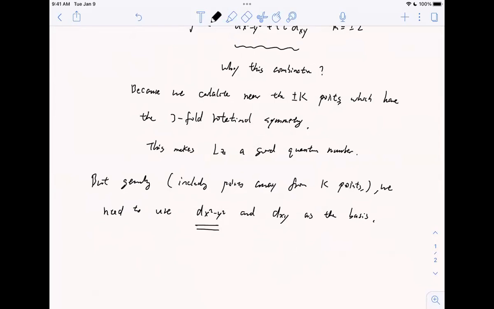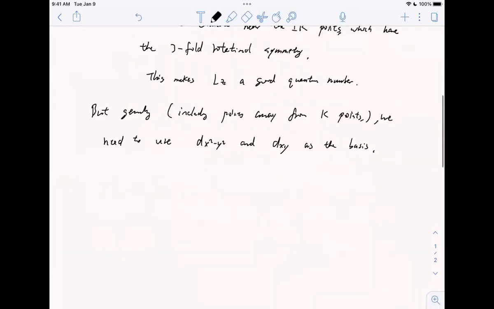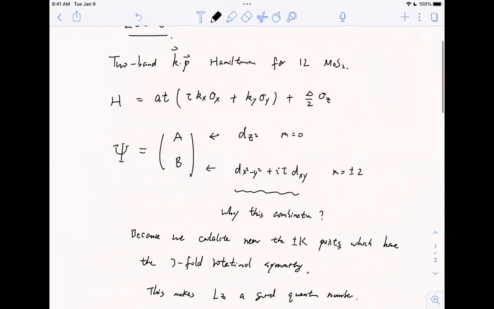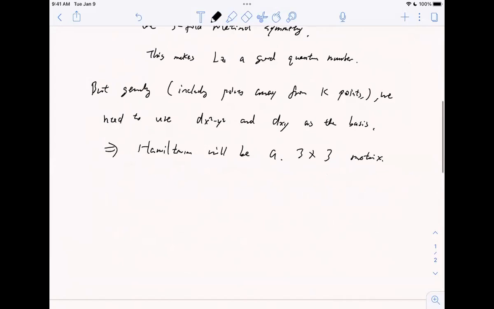Okay. So the Hamiltonian will be a 3x3 matrix. So this 2x2 matrix is only good near the K point. When you're away from the K point, then you use a Hamiltonian that is 3x3.